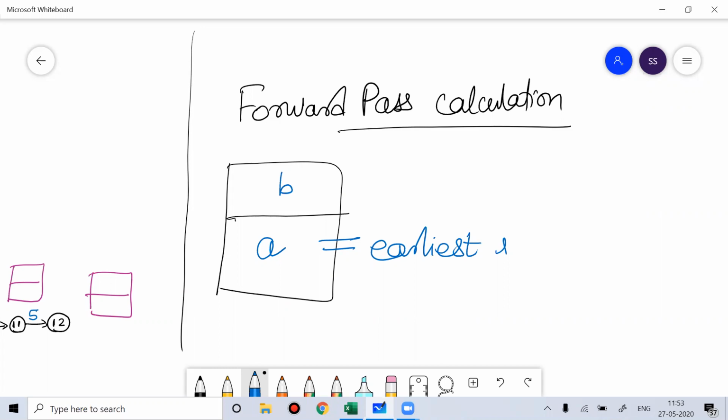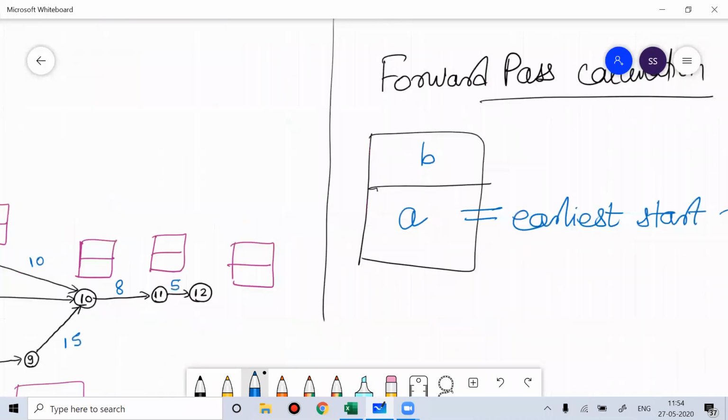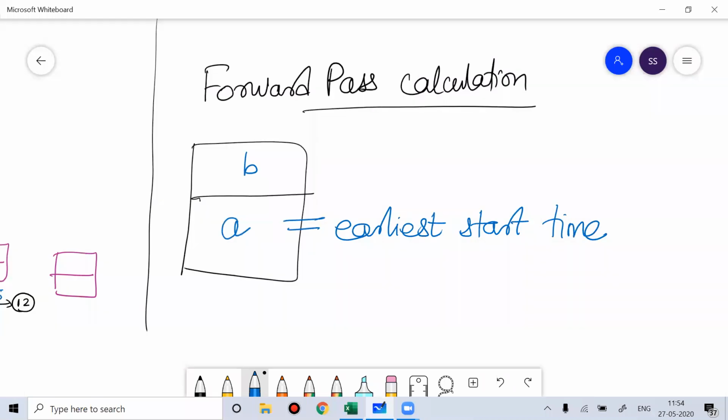For every node you see a rectangle with two spaces. The bottom part of that rectangle is called earliest start time, and the top part of the rectangle is called latest finish time.